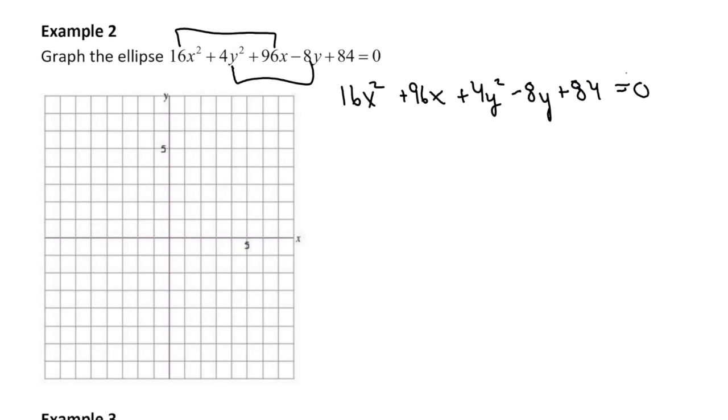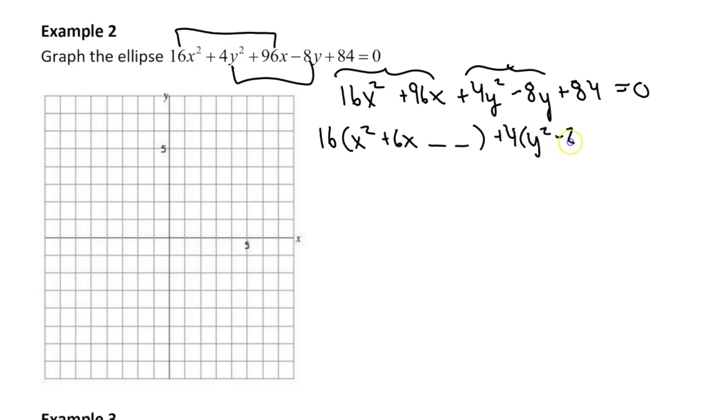And so from here, we can look to complete the square twice. So with our x's, we would factor out a 16, and we'd have x squared plus 6x blank blank. And then with the y's, you would say plus 4, y squared minus 2y blank blank, close bracket, plus 84 equals 0.